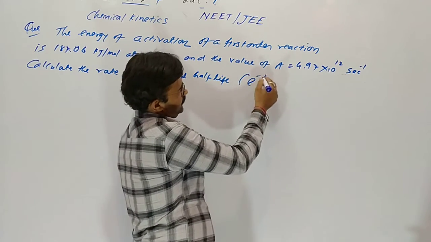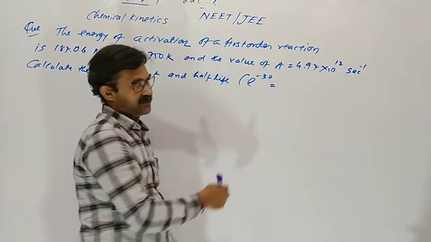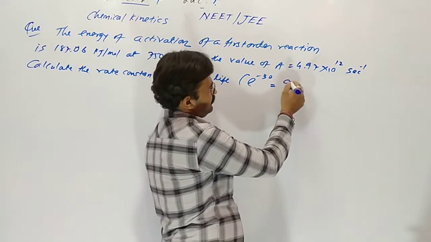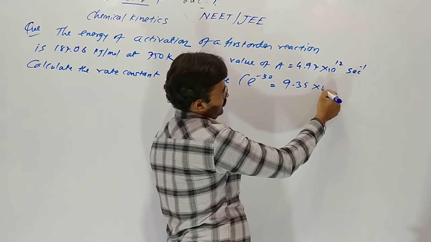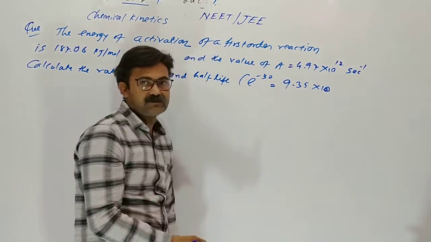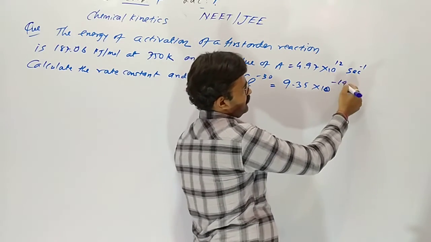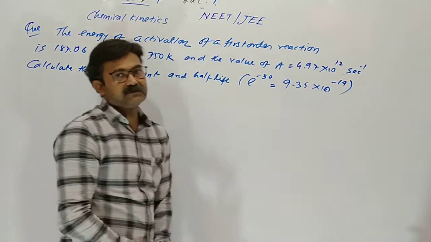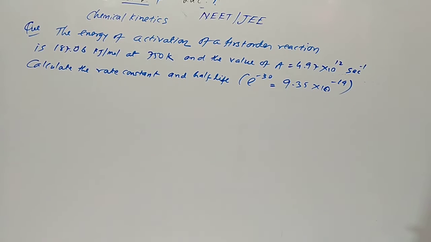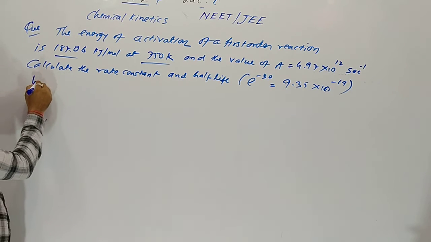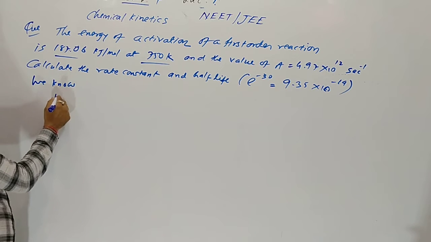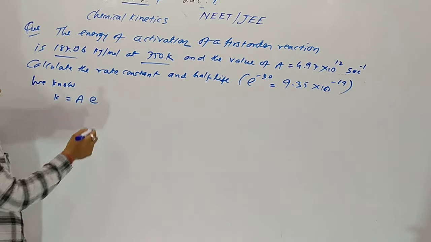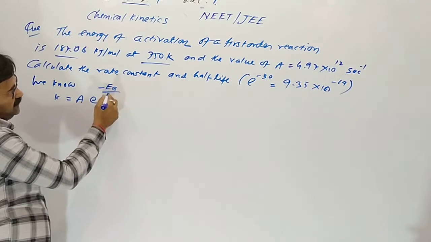Here also e raised to minus 30 value is given, 9.35 into 10 raised to minus 14. Understood? Activation energy is given, temperature is given, A is given. Rate constant we have to derive. We know the Arrhenius equation: K equals A e raised to minus EA upon RT.